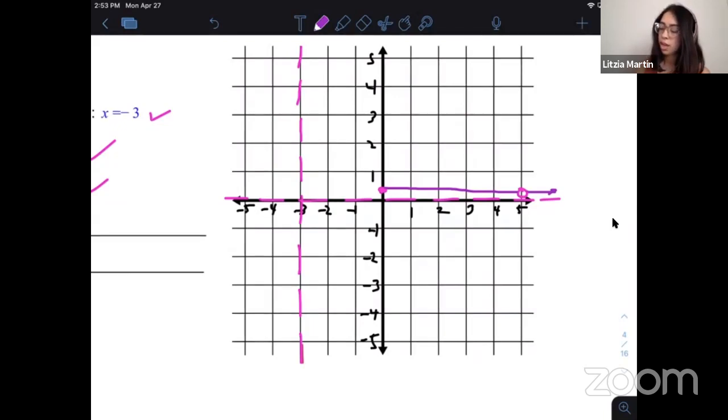And after that intercept, I just know it's going to eventually curve around and keep following that asymptote. The thing about this, since we're doing a rough sketch, is this is not going to be 100% accurate. Maybe it actually gets closer and then goes further out. We're just doing a rough estimate, okay? So don't worry too much about that.